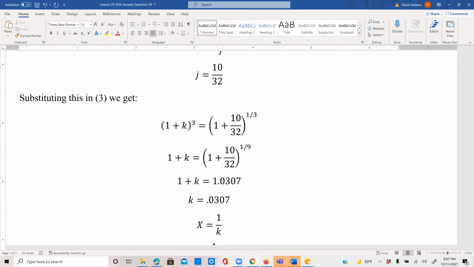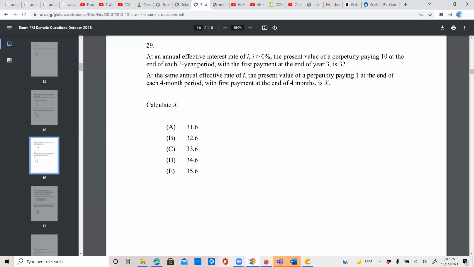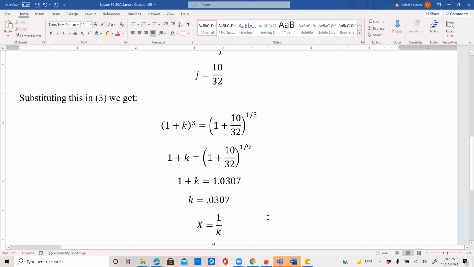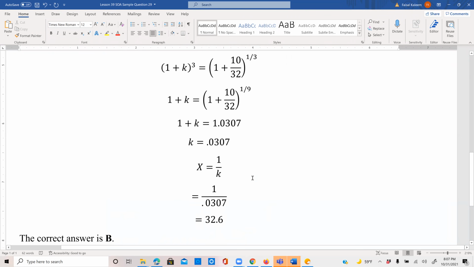Now, the question was to find X, which was the present value of the second perpetuity, because if you read this sentence, at the same annual effective rate, the present value of the second perpetuity is X. And the second perpetuity pays 1, the regular payment, and the period is 4 months.